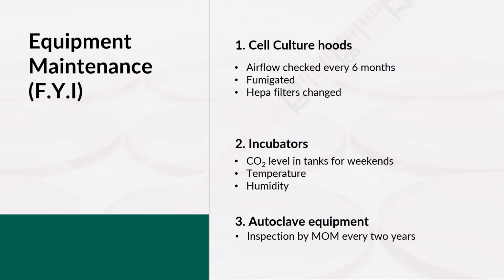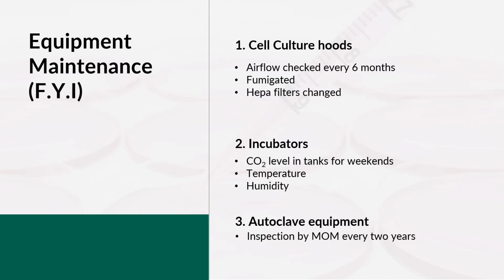Airflow is checked every 6 months because monitoring it ensures that you have proper ventilation, which is critical for maintaining the air quality and preventing the buildup of any potential contaminants. So regular checks really help to catch any issues early on.